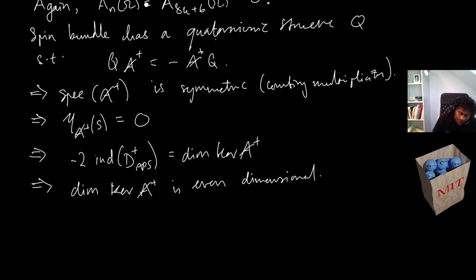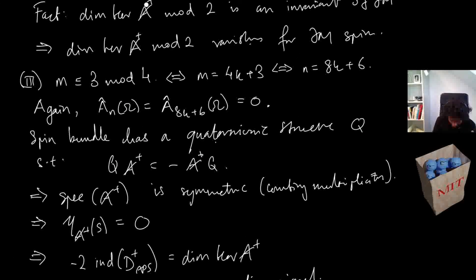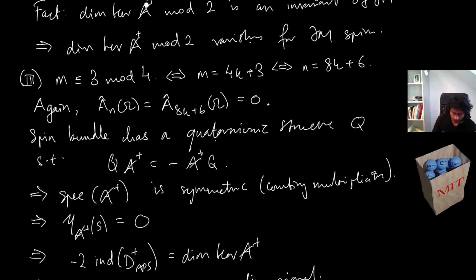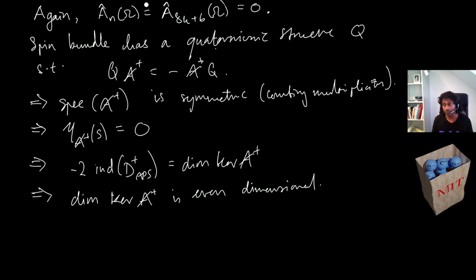Even to try and describe this, we have to take a lot of facts for granted, and that's the primary reason that I didn't start giving out more applications than this. But it goes to show that we can extract a lot of information about dimensionality of kernels, or topological or geometric information on spin manifolds with the aid of the index theorem.